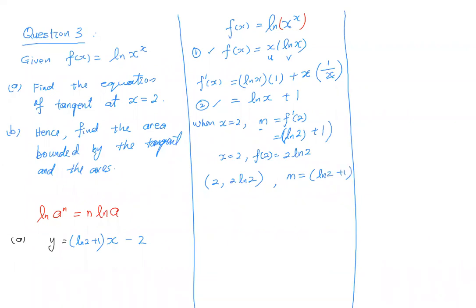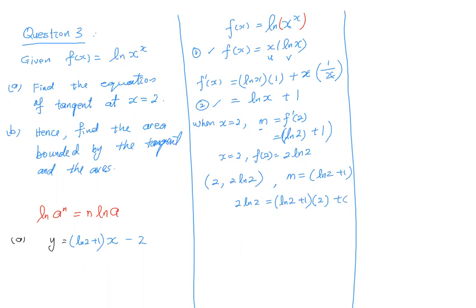So you sub into which one? Okay, hold on. Which one do you sub into? The y equals mx plus c. Okay, tell me how to sub. 2 ln 2 equals ln 2 plus 1, bracket 2, plus c.